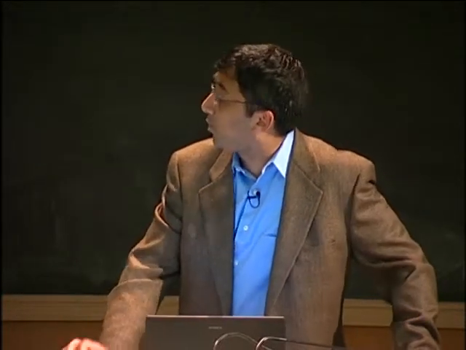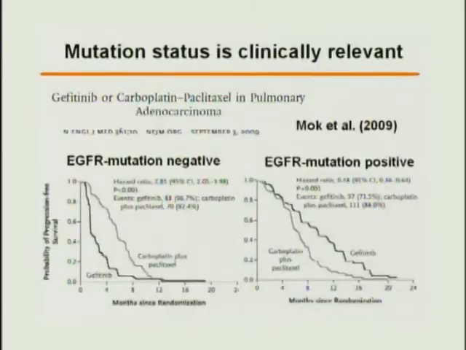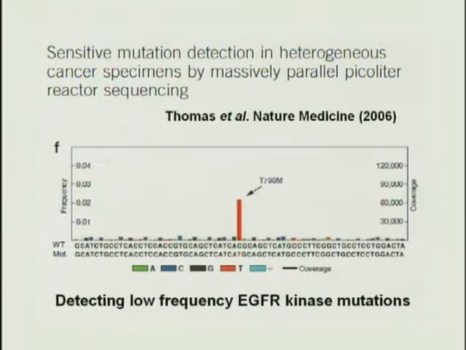You could just do sequencing on this, right? Sanger sequencing, PCR it up and sequence it. So why do you need next-gen sequencing? One example of where this could be relevant is a paper from Matt Meyerson's group at Dana-Farber from a few years ago. Think about cancer: cancer is heterogeneous. You're going to have stromal tissue contaminating your samples, and you also have heterogeneity within the tumor itself.